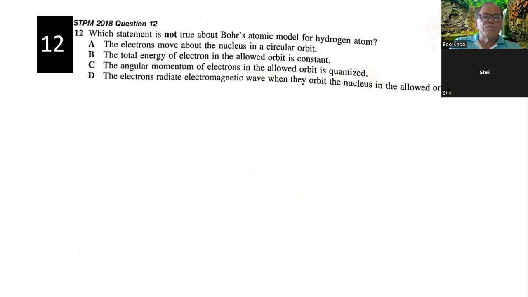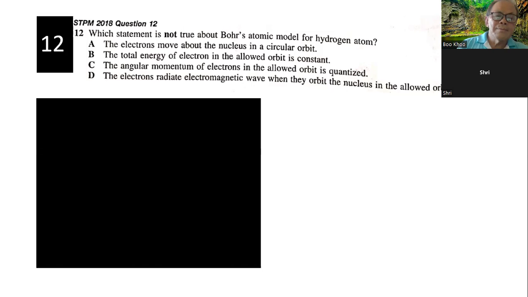Which statement is not true about the Bohr atomic model for hydrogen atom? What is your answer? The electron moves about the nucleus in circular orbit. That's true. The total energy of electron in the allowed orbit is constant.